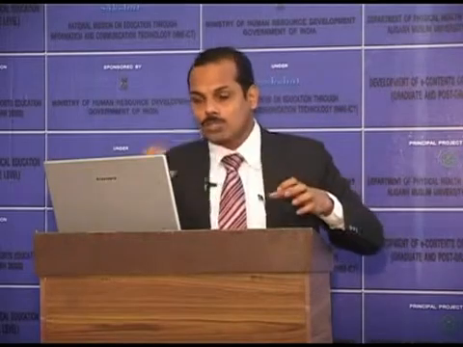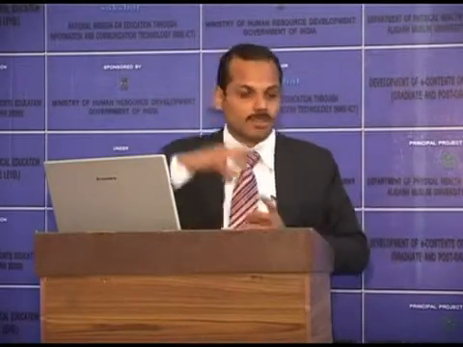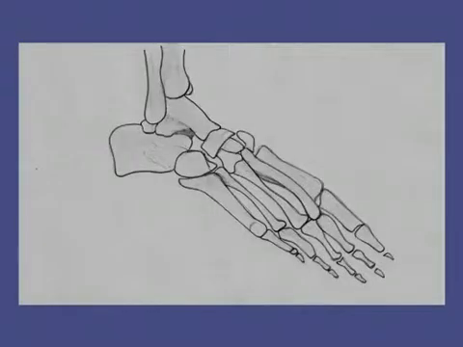The lateral arch is lower than the medial arch, and the talus bone is considered to be the keystone or key bone of the longitudinal arches, because all the body weight is transferred through the talus, and it is divided into 2, one to the calcaneum, one to the anterior side of the arch. So the keystone of the longitudinal arch is the talus bone itself.